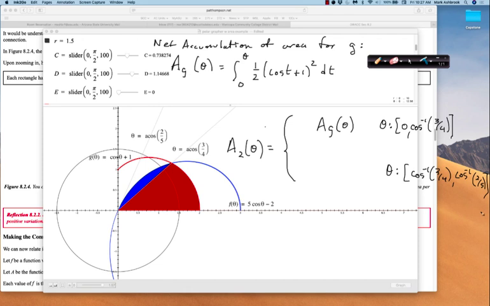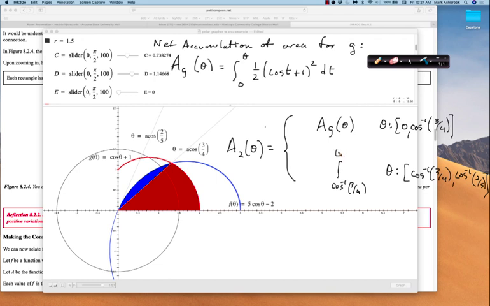And in that range of angles, what's my total accumulation or net accumulation of area? So the integral from, starting from that starting angle to what?